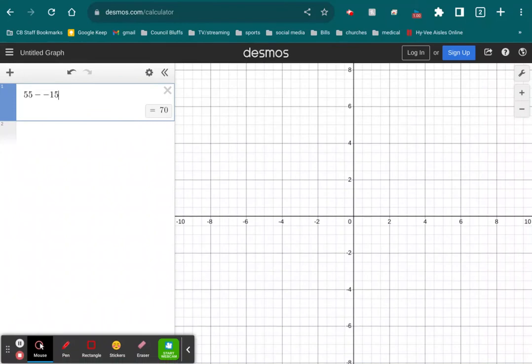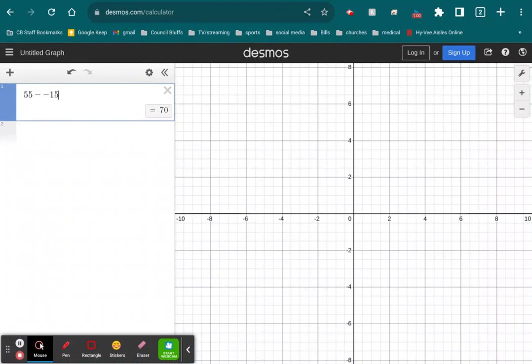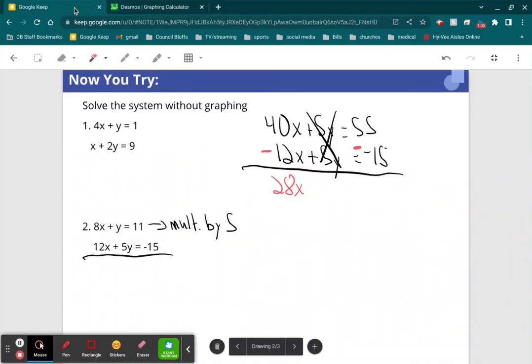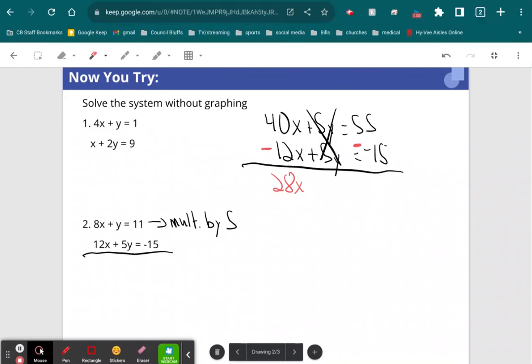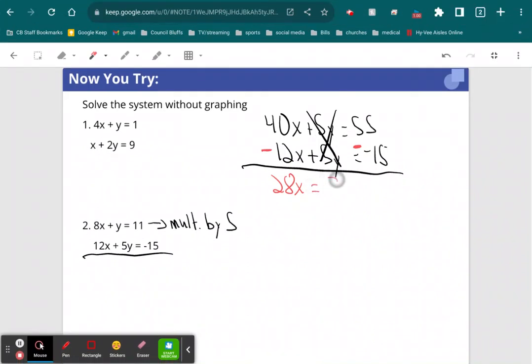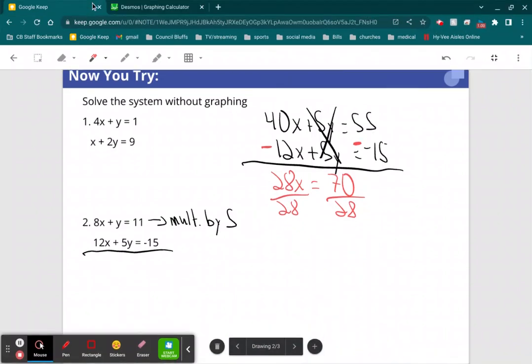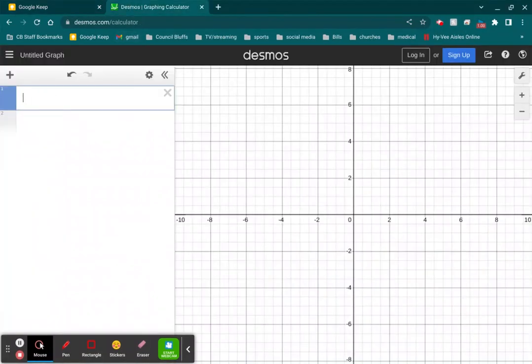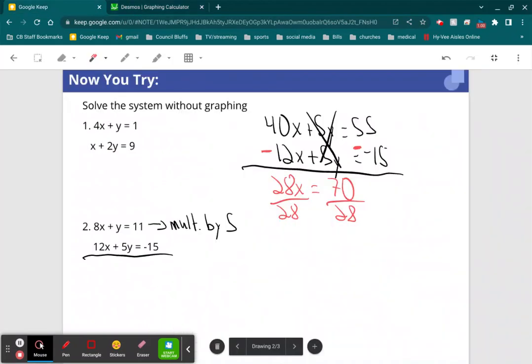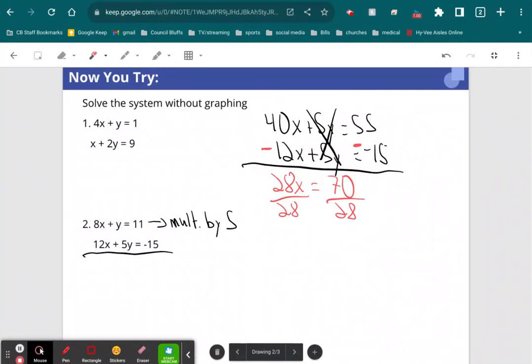A double negative makes a positive, which makes it like adding. So 55 minus negative 15 is 70. And then I can solve this by dividing both sides by 28. 70 divided by 28 is 2.5. So x equals 2.5.